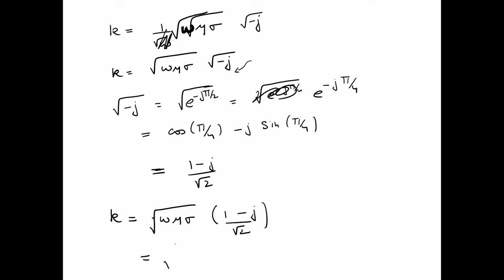I can write this as omega mu sigma by 2 minus j omega mu sigma by 2, under the square root. This becomes my beta minus j alpha. So for good conductors, my beta is going to be equal to alpha, given by the square root of omega mu sigma by 2.